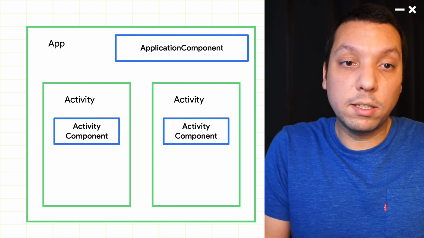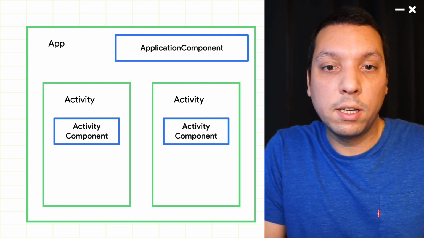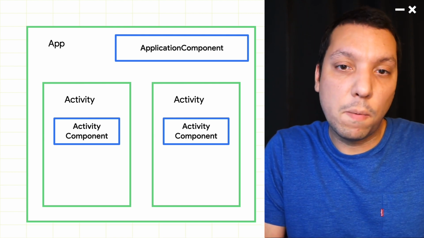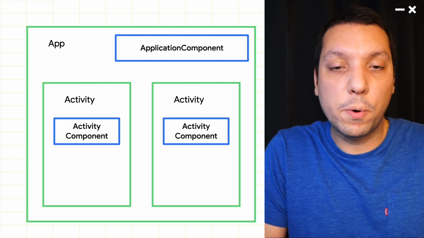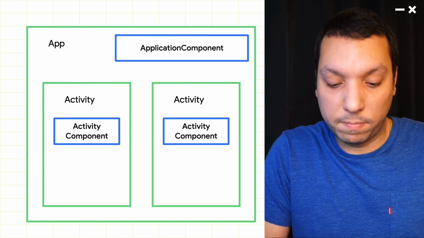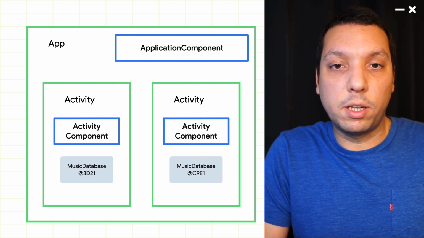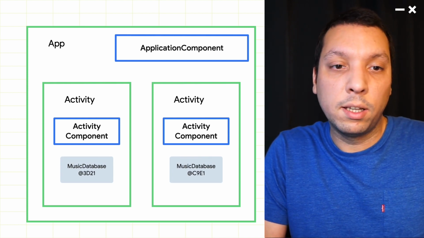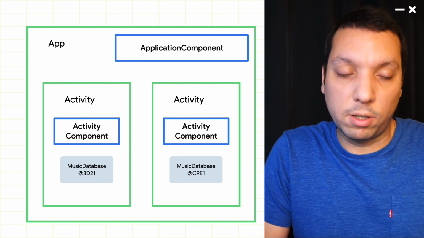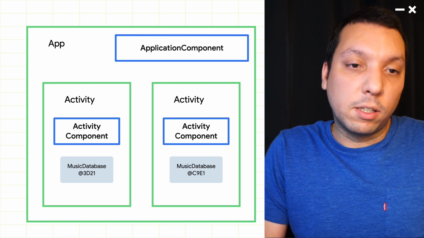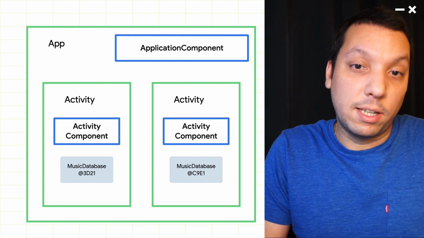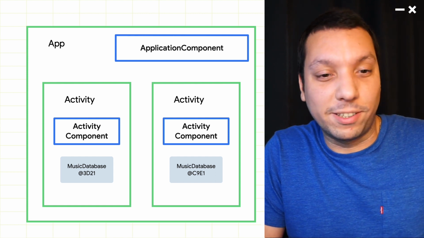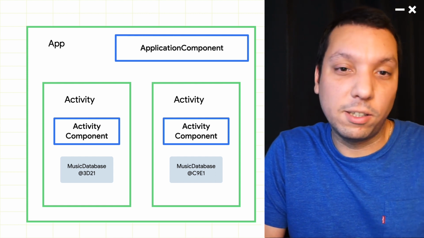And because things are encapsulated in a hierarchy, dependencies in the ApplicationComponent are accessible to the ActivityComponent because they have a greater lifetime. If we show a practical example, we inject the music database into these two activities. The ActivityComponent basically says, hey, ApplicationComponent, I know you know how to give me a database, give it to me, and it'll create one.